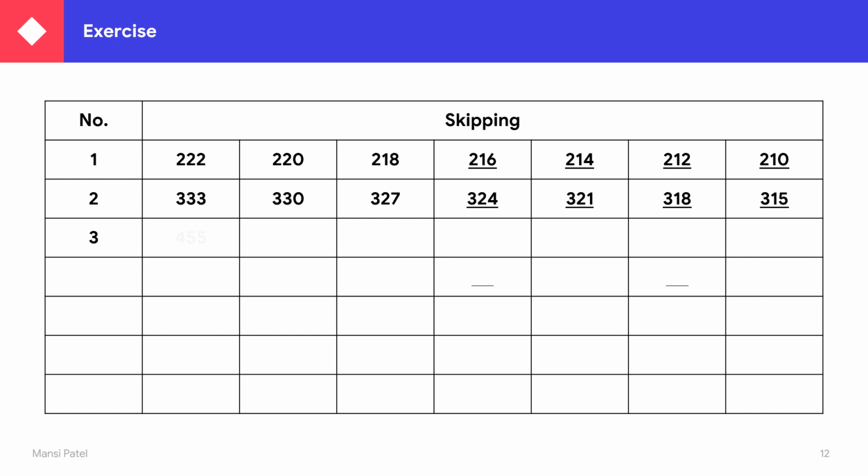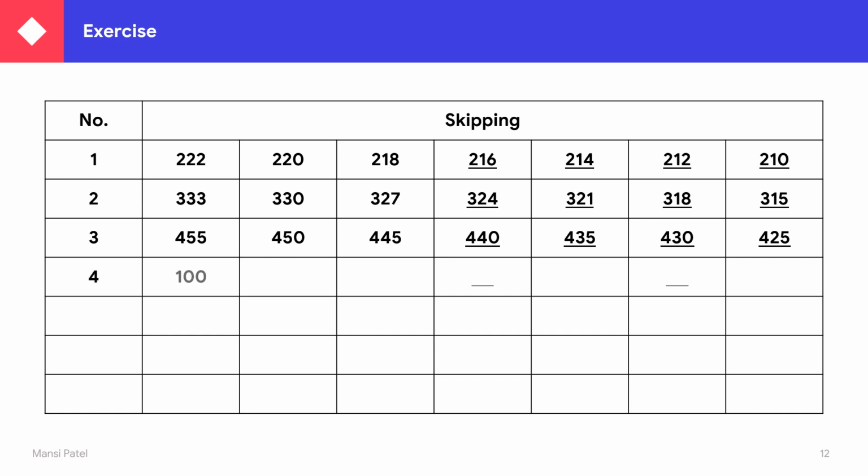Your next sequence: 455, 450, 445. You know that after 445, which number comes for the backward sequence? 440, then again minus 5, 435, again minus 5, 430, again minus 5, 425.